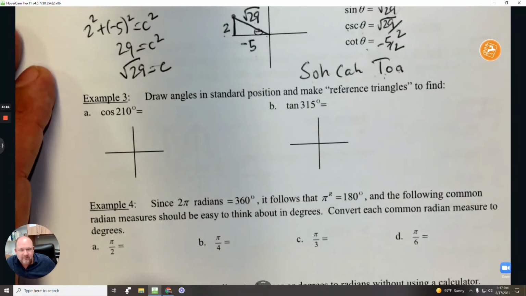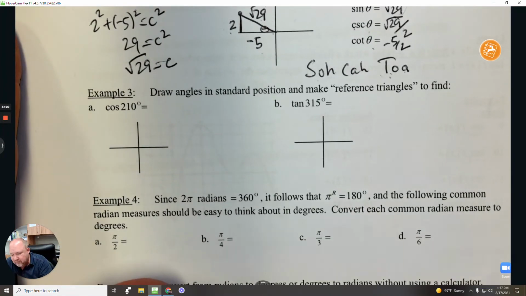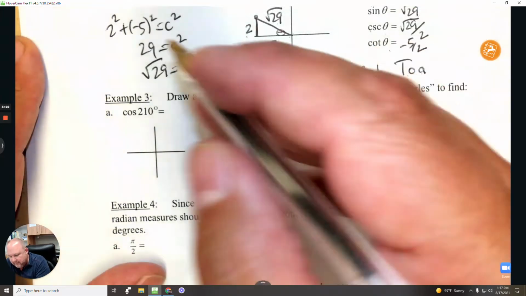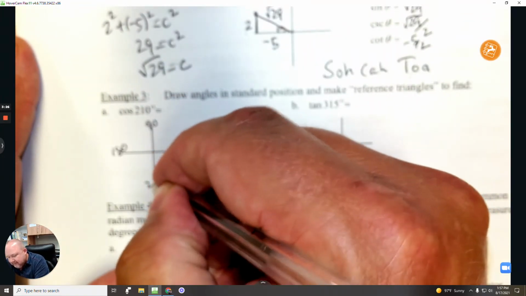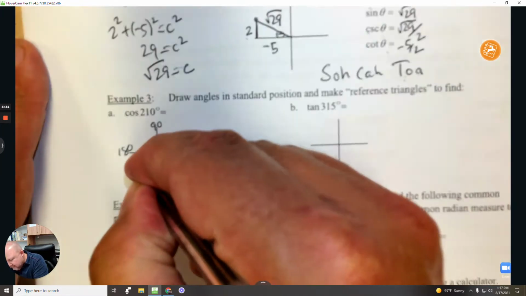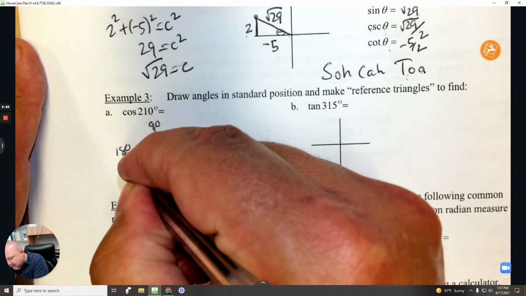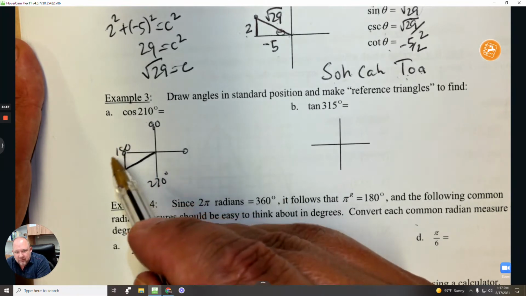More trigonometry. Draw angles and make a reference triangle to find these. So 210, I don't know if you remember this. Since we start at 0, straight up is 90, 180, 270, back to 360. 210 is right here. And what we really need is the reference angle. How to find the reference angle is you subtract 180.